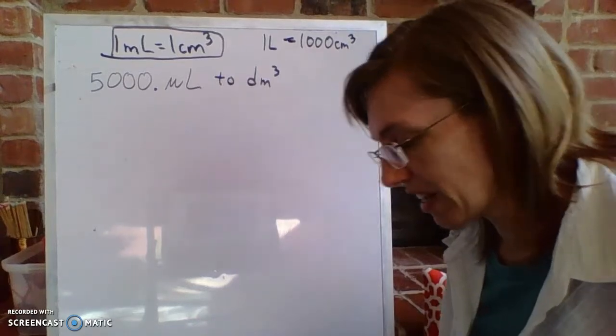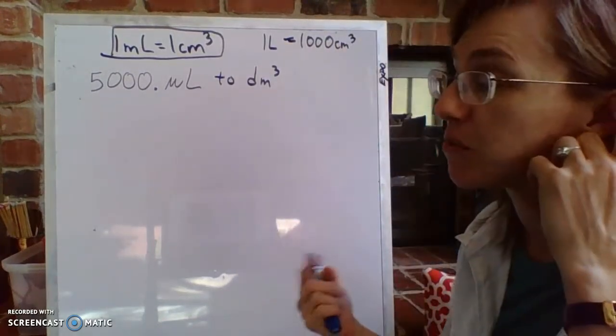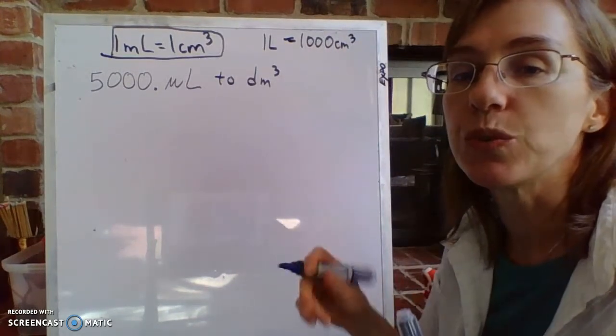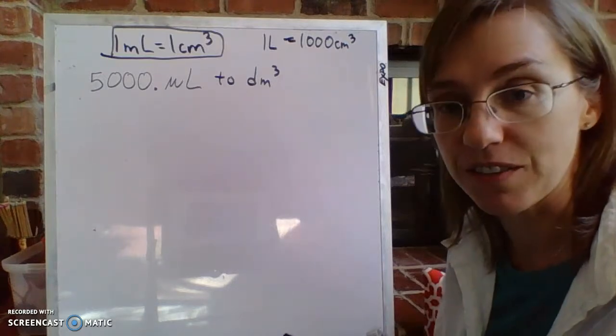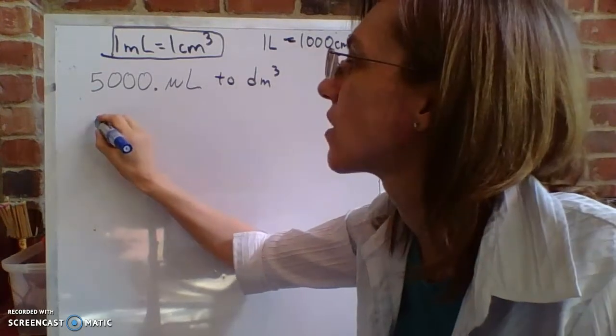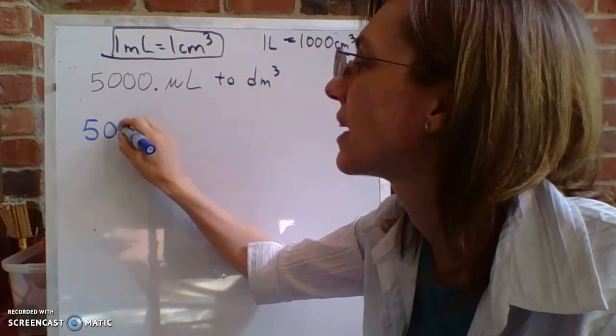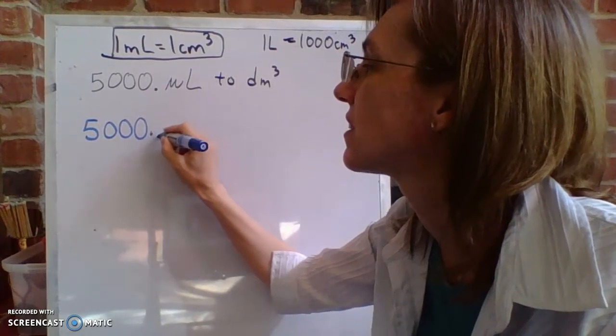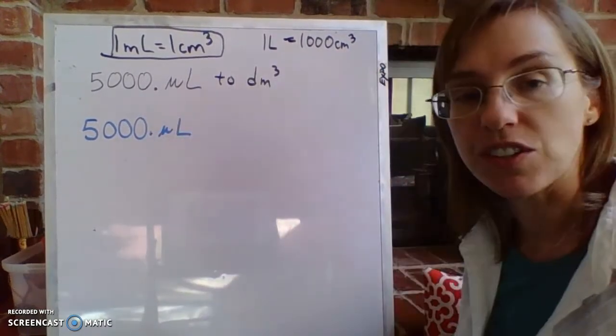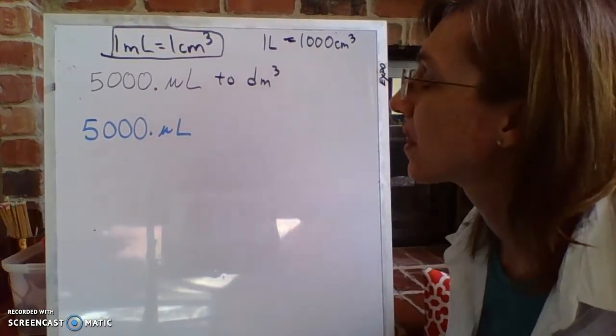So when we're doing any conversion between units, we're going to start off with the thing that's not the conversion factor. So we're going to start off with the 5,000 microliters. That's what they give us, and that's a good place to start. It's not a conversion factor.